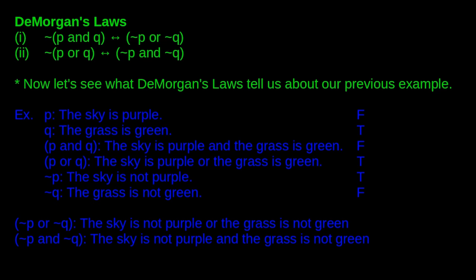Not P or not Q is the sky is not purple, or the grass is not green. And not P and not Q is the sky is not purple, and the grass is not green. What truth values might those have? Well, not P or not Q is true, and not P and not Q is false.